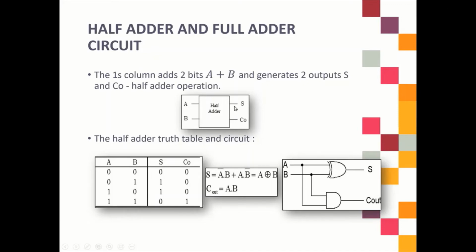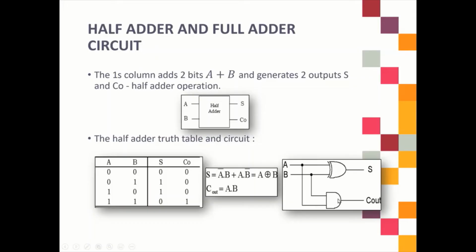For output, you have two outputs, S and CO. So how can you get the values of S and CO? We're talking about addition, so you get the values by adding the inputs A and B for each row.